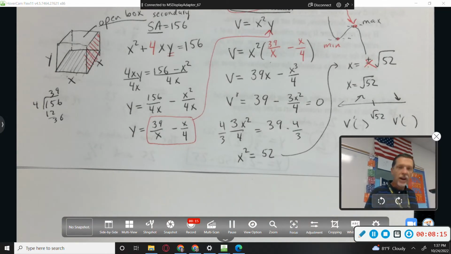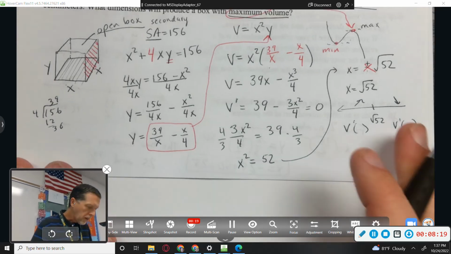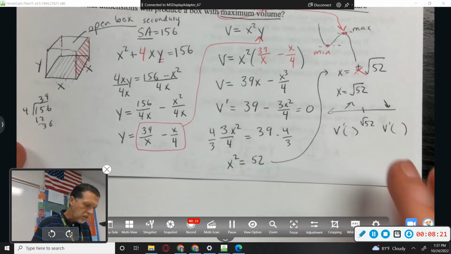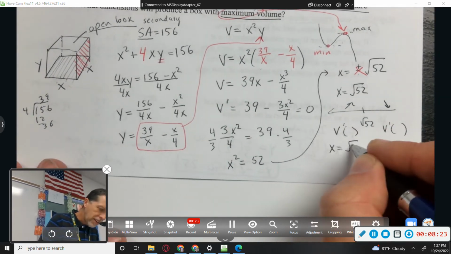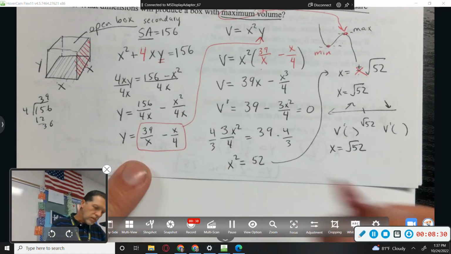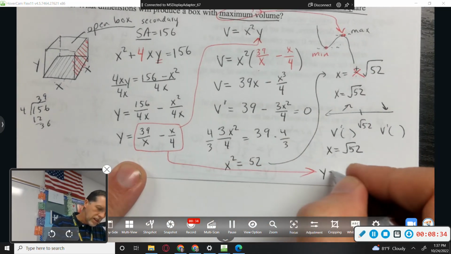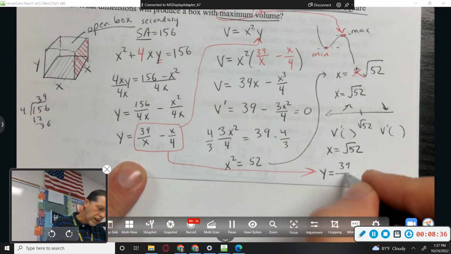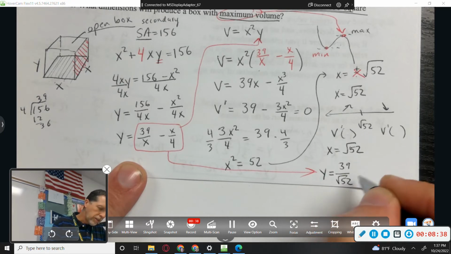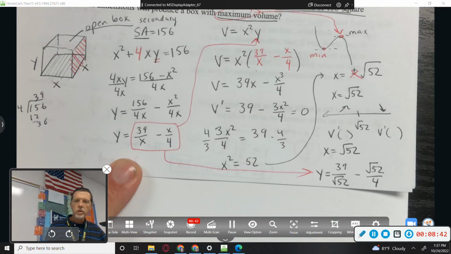Alright, now we got to go back and make sure we answer the right question. What dimensions? Okay, so I've got x. I just need y. But I've got a formula for y. So 39 over square root 52 minus square root 52 over 4.